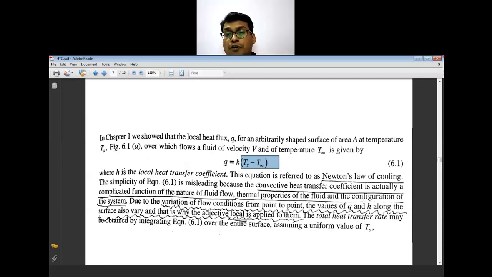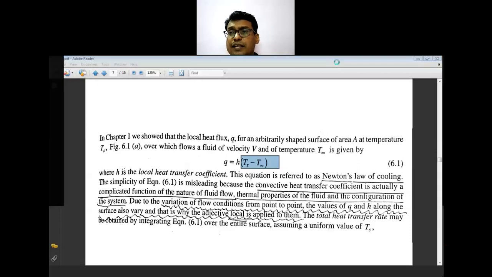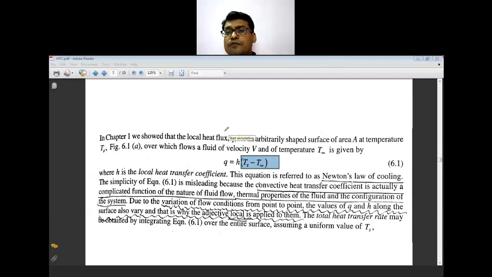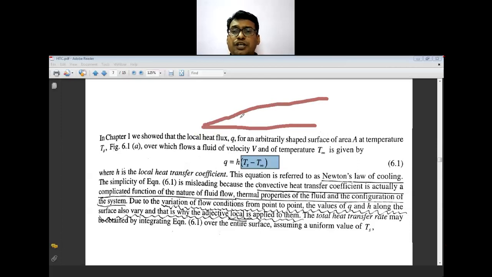Whenever the fluid is flowing over a certain plate or inside the pipe, if this is the plate, a certain boundary layer is observed, and here there is a certain velocity, here a different velocity, here again a different velocity.